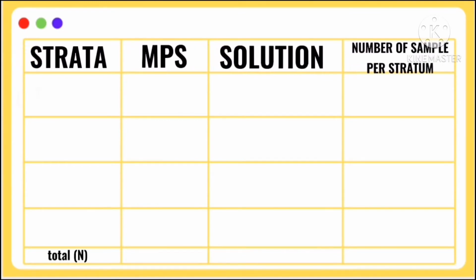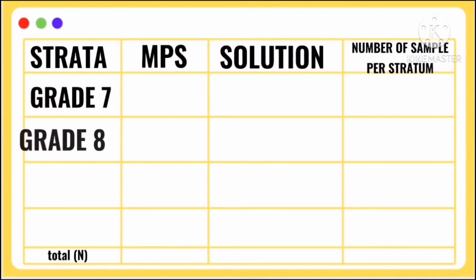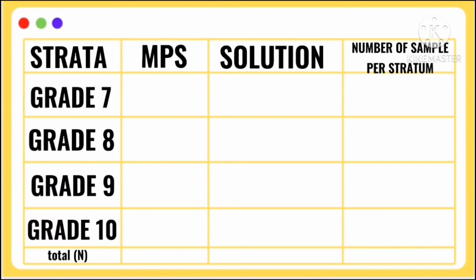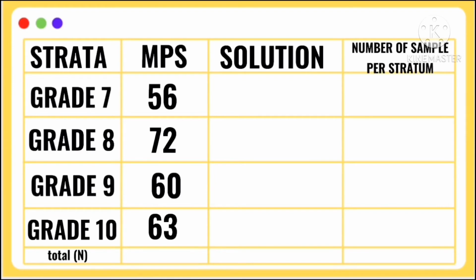We'll input first our strata, grade 7, grade 8, grade 9, and grade 10, followed by the members per stratum. In grade 7, we have 56 learners, 72 learners in grade 8, 60 learners in grade 9, and 63 learners in grade 10, and a total of 251 students in the high school department.